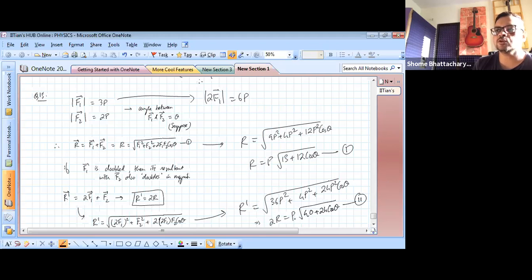So we get the answer for cos theta. When you solve, your p will cancel out. So compare equation 1 and 2 and solve for cos theta and you will get the answer. Yes, Tanish, that's good, that's correct.